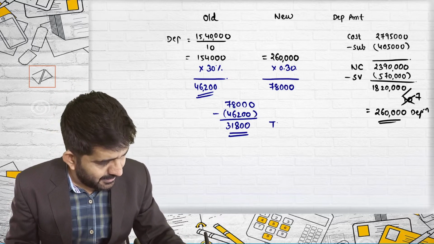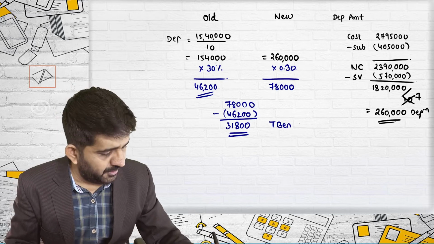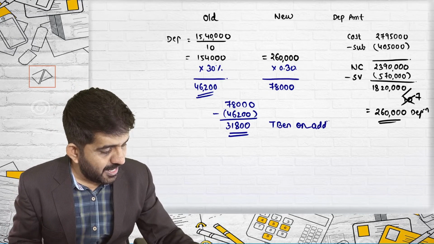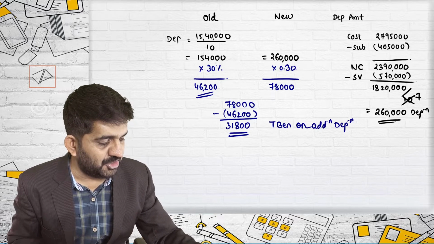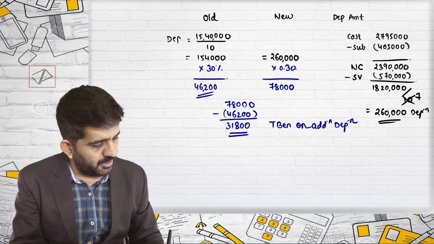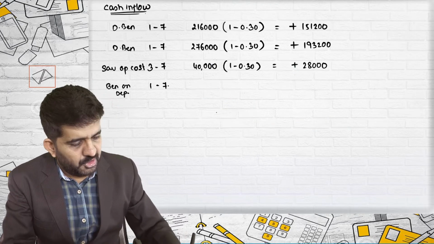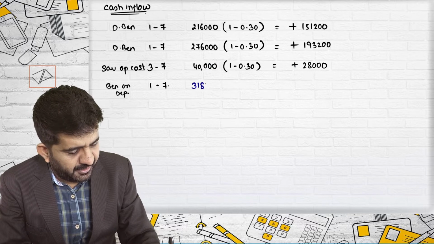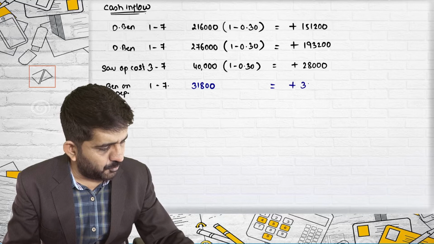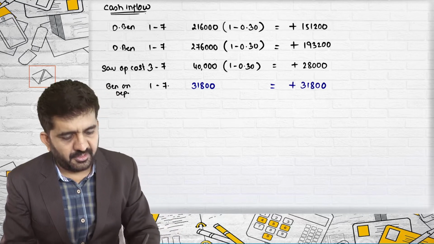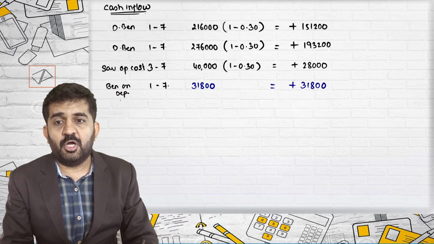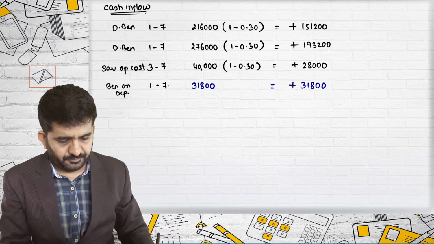It is the tax benefit on additional depreciation, because that is the only benefit you are actually getting for the purpose of decision making. So 31,800 is directly a tax benefit. A tax benefit is positive, so positive 31,800 for 1 to 7 years. This is the benefit on depreciation.